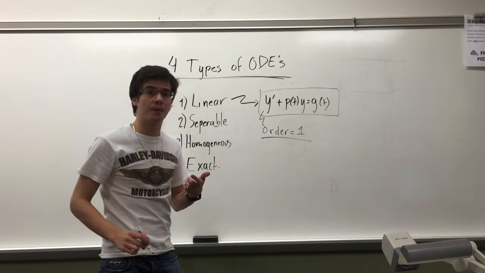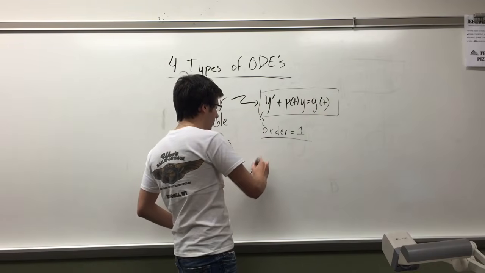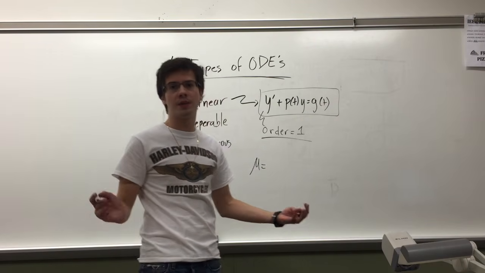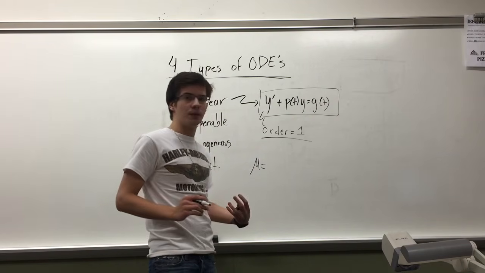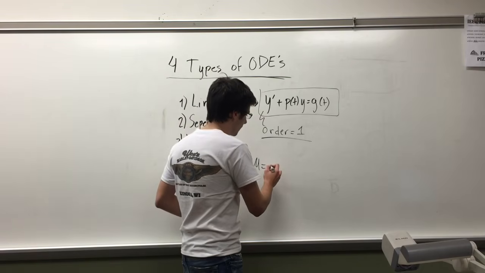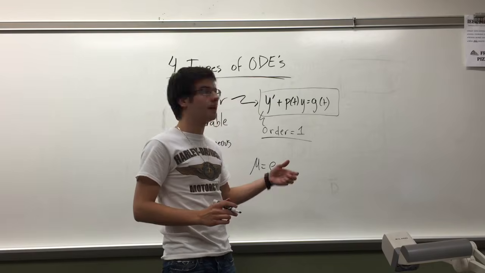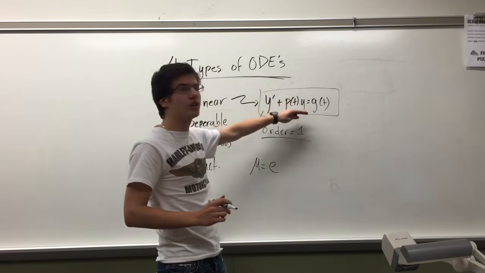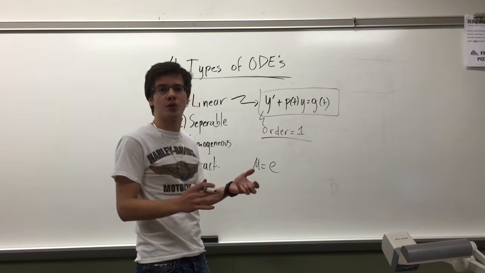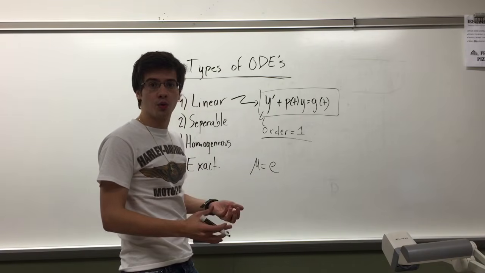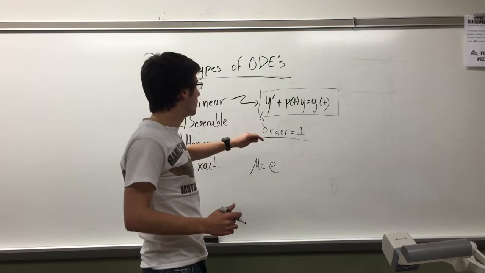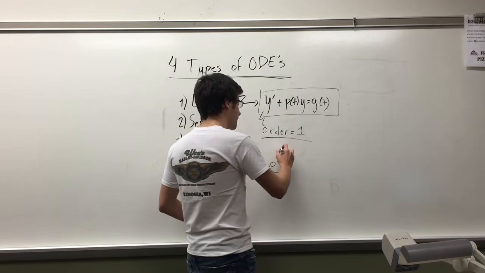And how do we solve them? We solve them by using the integrating factor. So this genius mathematician was able to figure out an expression that, if you multiply it by your differential equation and use some calculus tricks with the product rule, you're able to find a solution to your ODE. So very smart trick.